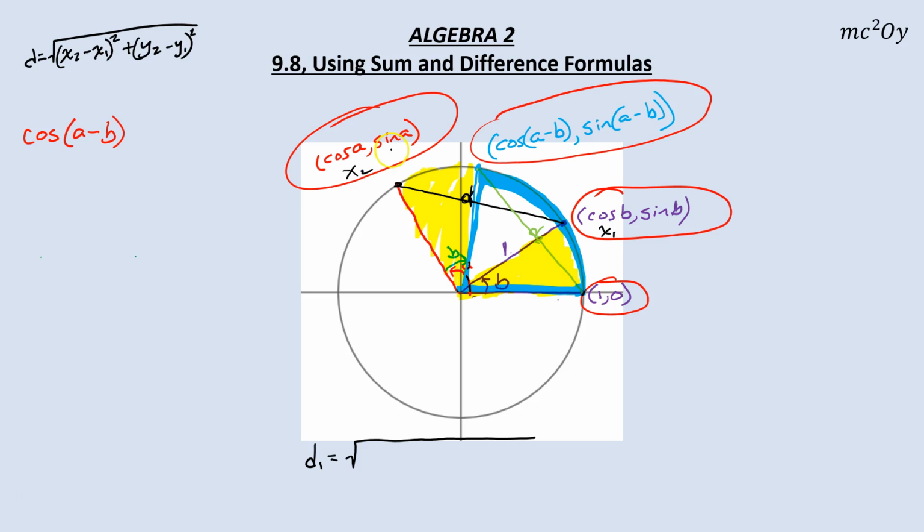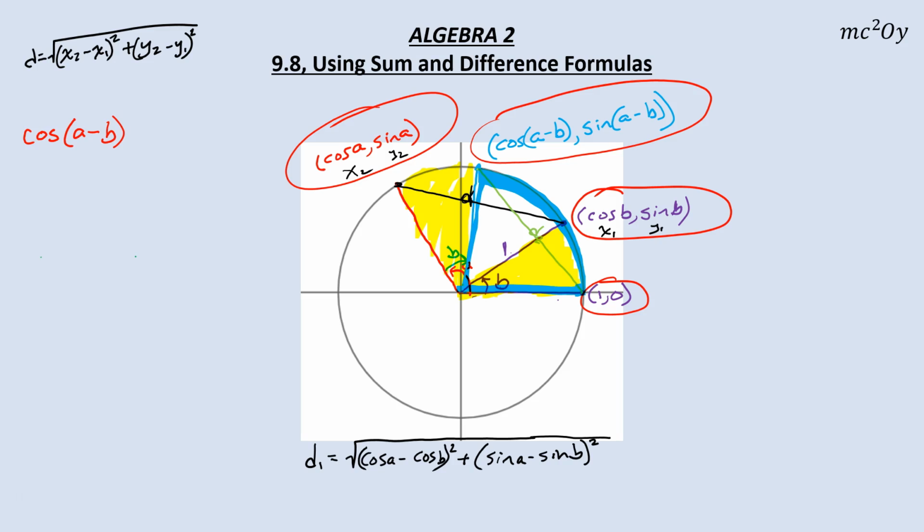All right, and this would be my y2. And this would be my y1. Okay, so I'd have the cosine of A minus the cosine of B quantity squared plus the sine of A minus the sine of B quantity squared. Okay, that would be my distance formula for that first distance.